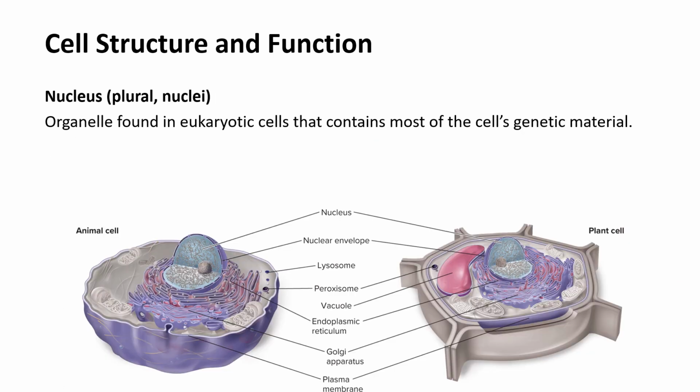Now, we mentioned that eukaryotes have a true nucleus. So this is the organelle in eukaryotic cells that contains the genetic material, or the DNA. This will be very significant when we look at the function of DNA and how proteins are made, because one of the interesting things is the code for making proteins is found on your DNA, which is stuck in the nucleus.